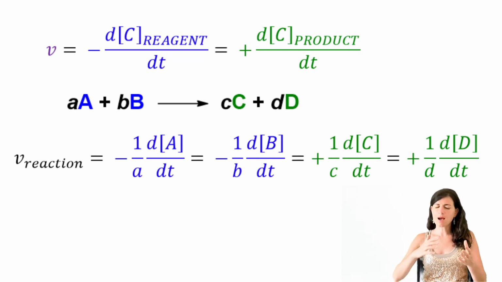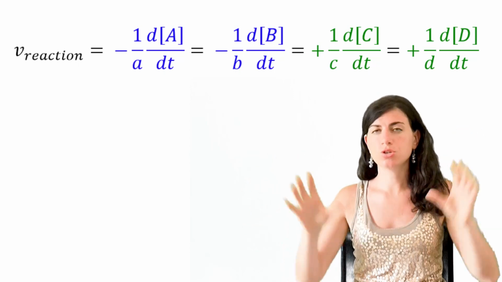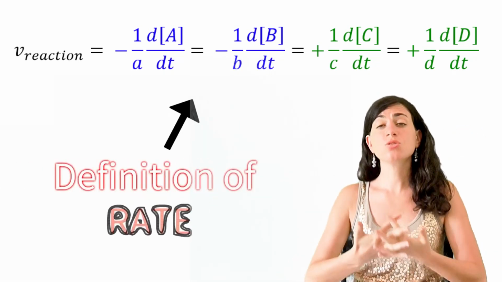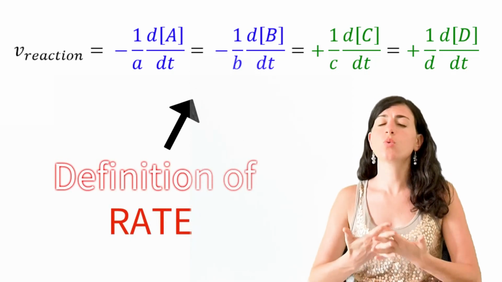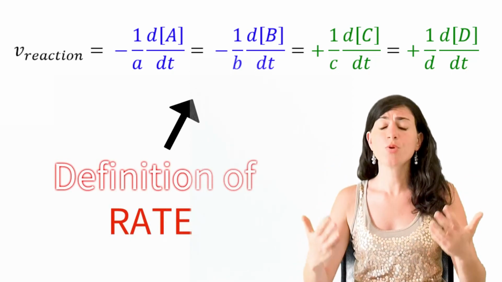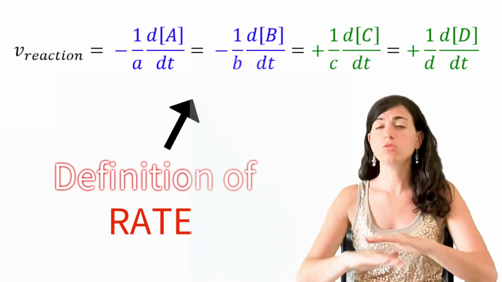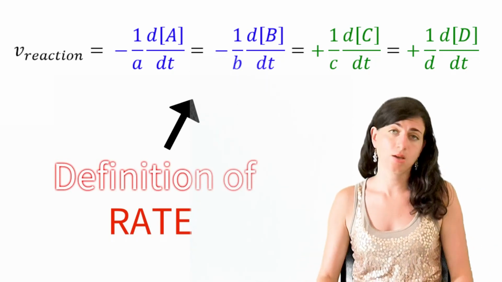So just add this step, which is the derivative, and it's done. You now have this equation, which is the full definition of reaction rate in chemistry. So use this equation to tell your professors the definition of chemical rate. You won't make a mistake with this last equation.